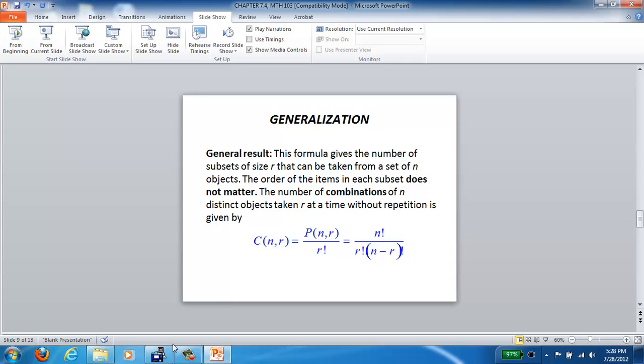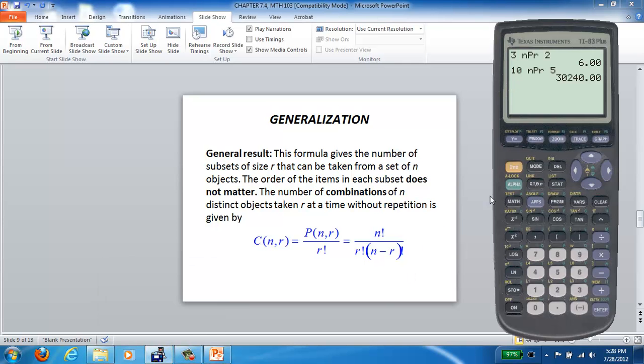But again, we may use the graphing calculator. Same process. Of course, the answer is going to be different. If we have 3 objects taken 2 at a time, and order is not important, we go to combinations, number 3. Enter 2, and the answer is 3.